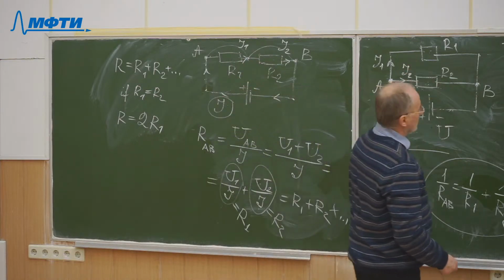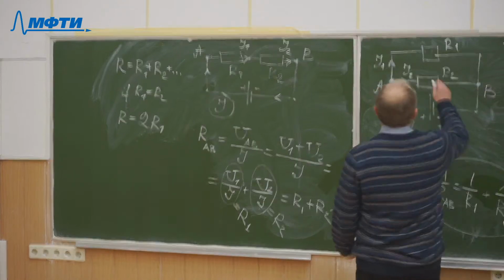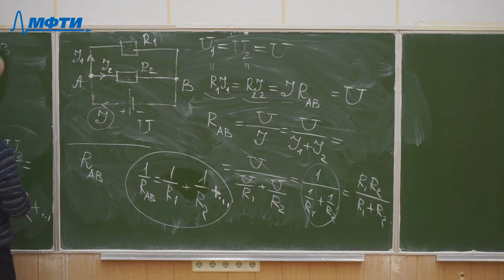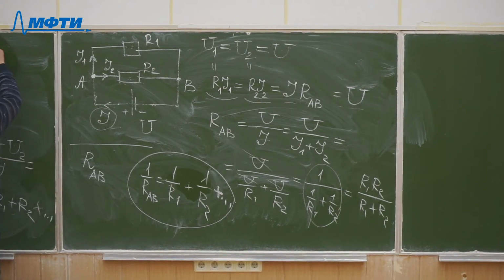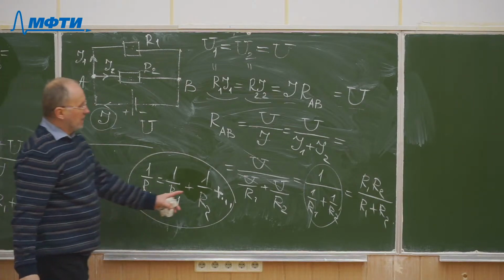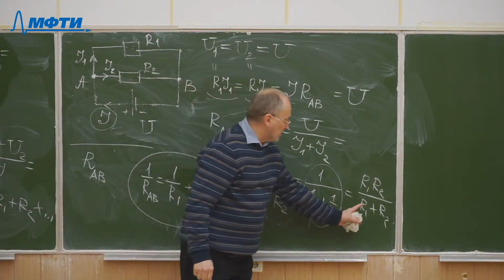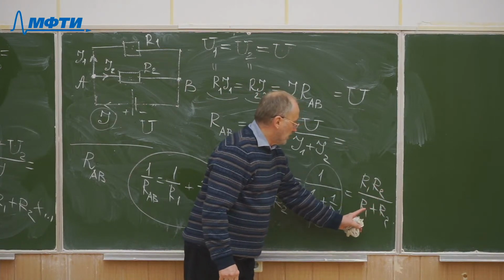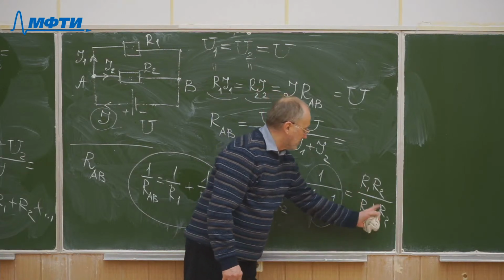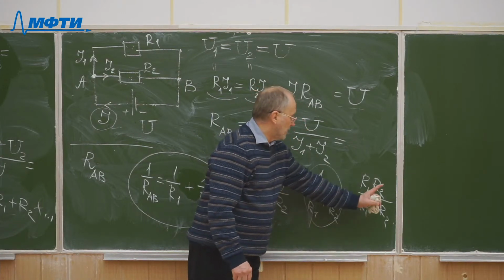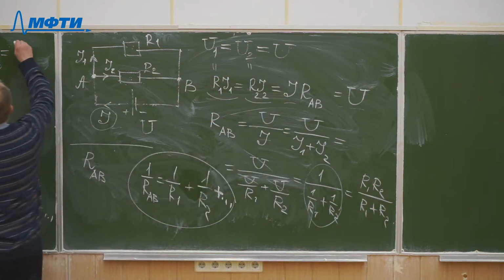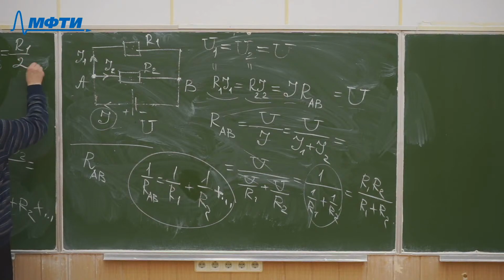And in the parallel case, if R1 equals R2, then the total resistance between points A and B, as can be derived from this formula, will have one resistance cancelled, and we will obtain R1 divided by 2. So the total resistance will be R1 divided by 2.